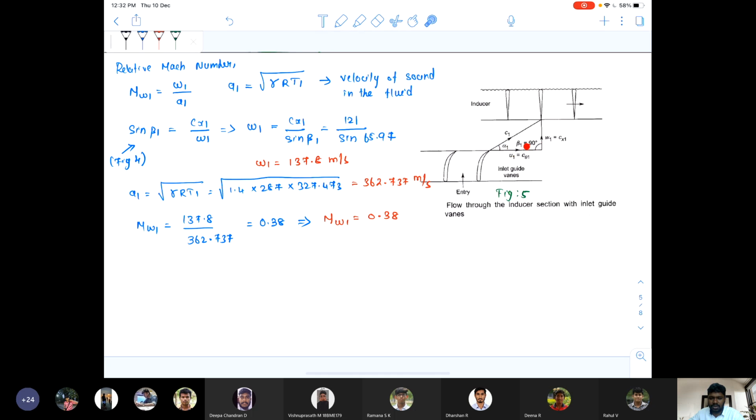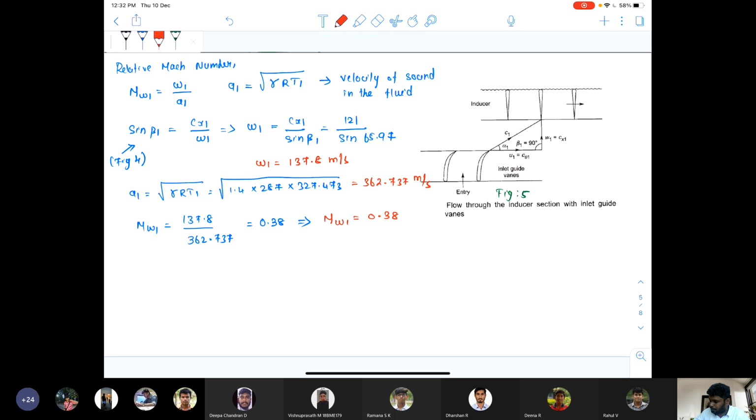You should find this value in order to find the relative Mach number at the exit of the inlet guide vane. The axial entry of the air into the inducer is obtained by employing the inlet guide vane, which we are using to find the relative Mach number for this question.